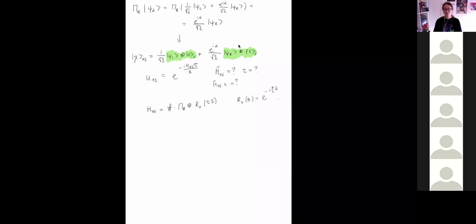And in the third exercise, we looked at how we can measure, in the double slit experiment, through which slit the electron went right after it went through the slits, by coupling it to another degree of freedom, which was modeled as a qubit, and finding the appropriate evolution for this case.